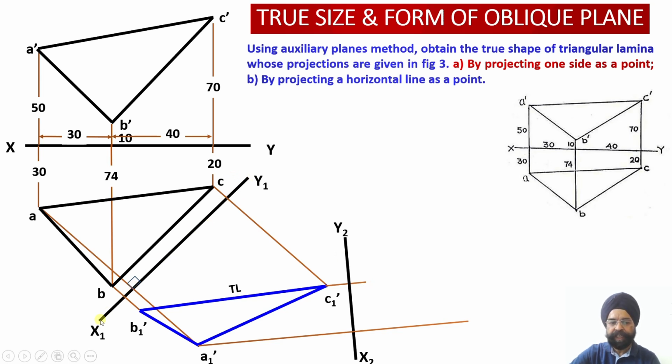Please check, the distance of point B and point C from x1 y1 is equal. Why is this equal? Because BC happened to be parallel to the auxiliary plane x1 y1. And how much is this distance? I don't know, because I did not measure this distance.